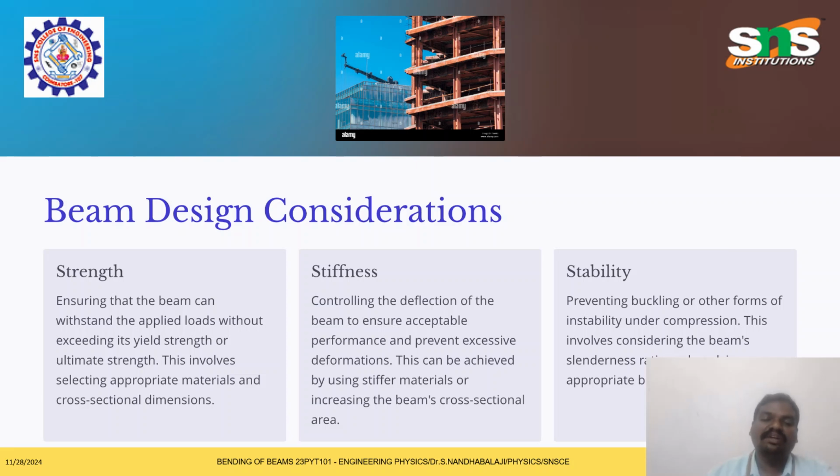This can be achieved by using stiff materials or increasing the beam's cross-sectional area. Stability: preventing buckling or other forms of instability under compression. This involves considering the beam's slenderness and selecting appropriate materials.